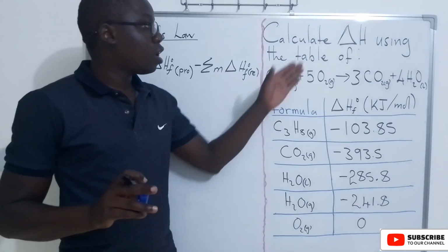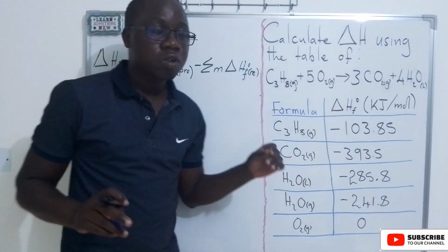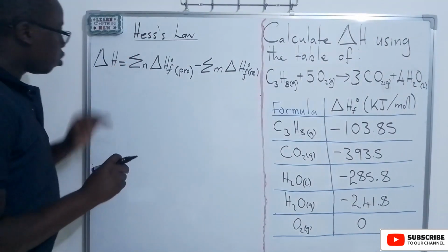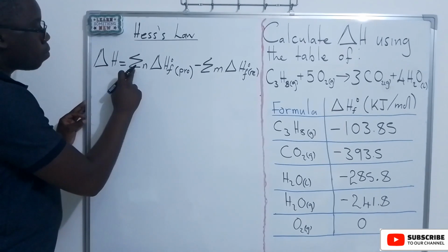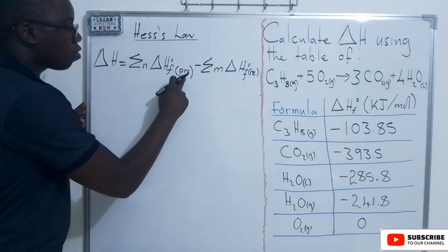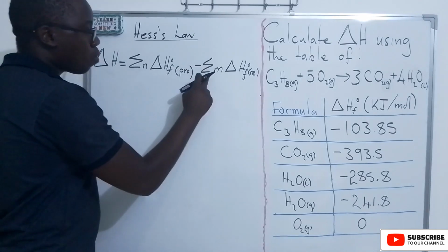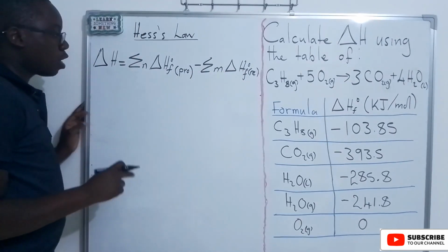To calculate the change in enthalpy using standard enthalpy of formations, we use Hess's law in this way. Change in enthalpy is equal to the sum of n times the standard enthalpy of formation of products minus the sum of m times the standard enthalpy of formation of reactants.